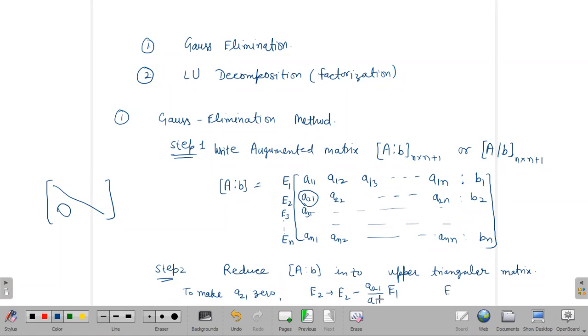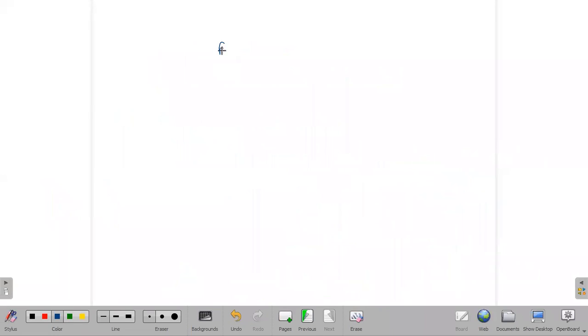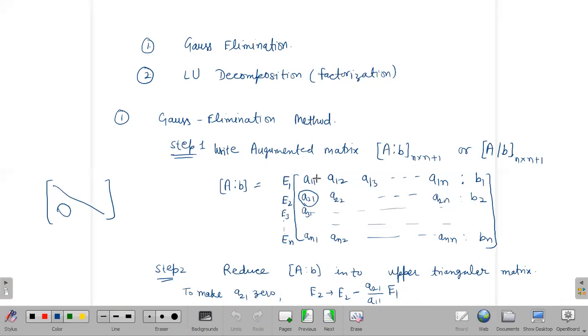Suppose I'm writing E3 minus A31 by A11 into E1. So here you should remember that we are using E1 only to make these elements zero. So this is step one, that first you make these elements zero. Step by step you have to do it. Means first column entries are zero except A11.